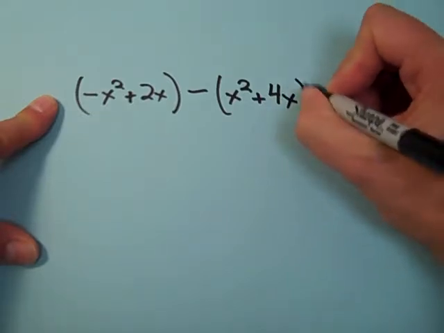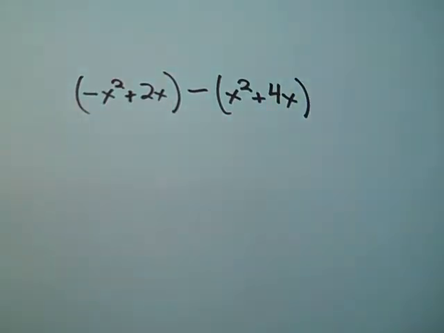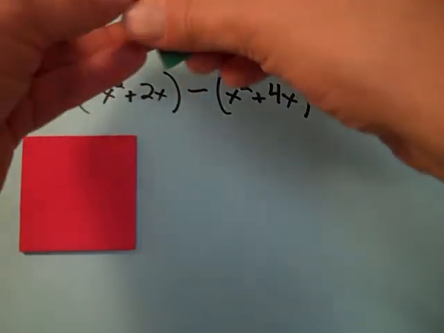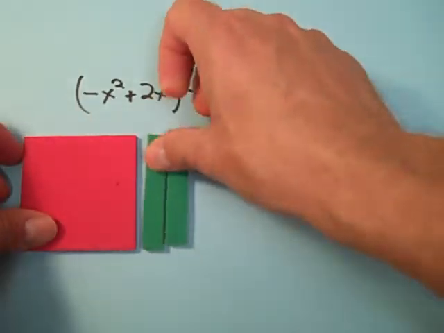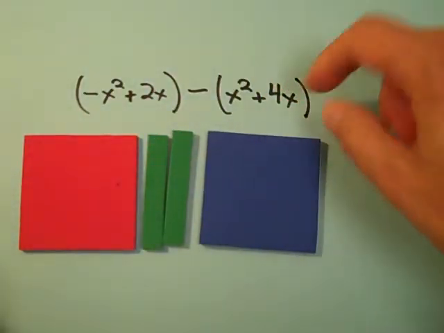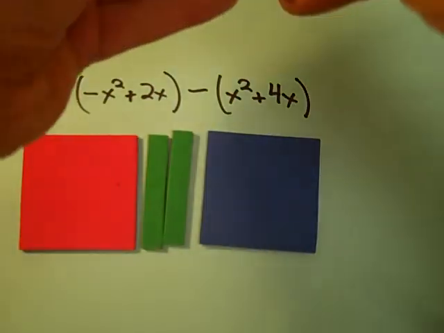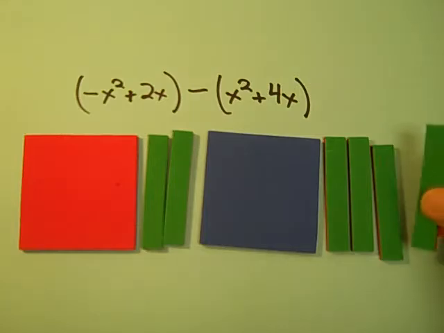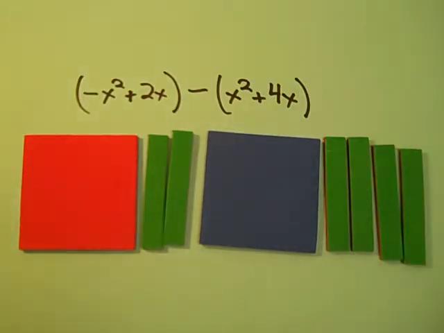Let's see how that's going to look. As always, we're going to model first. So I've got a negative x squared plus 2x. It's going to look like that. And in my next one, I've got an x squared, which is going to be my blue, plus 4x. I'm going to have 4 of my green rectangles.